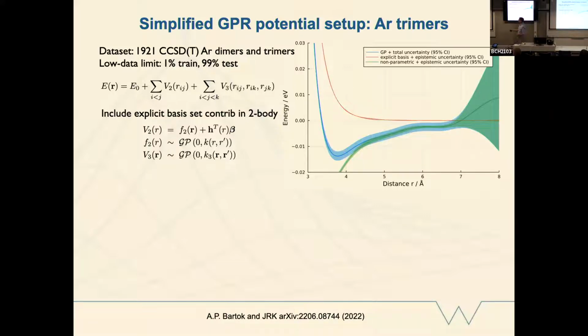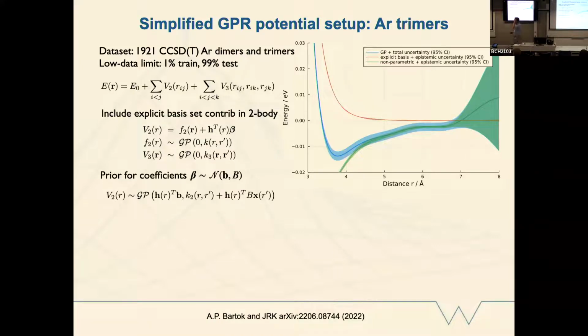For the three-body function, I'm just using a standard GP. Then I take a prior for the weights on the fixed basis functions, which has some mean and variance matrix, and then you can marginalize the weights, integrate them out, and you get a new GP.